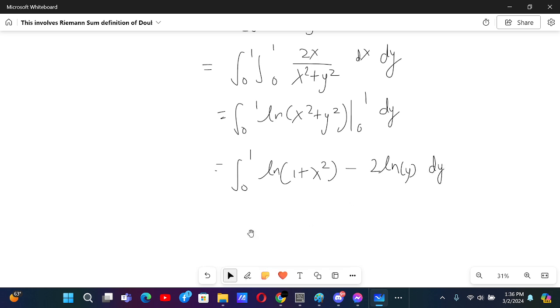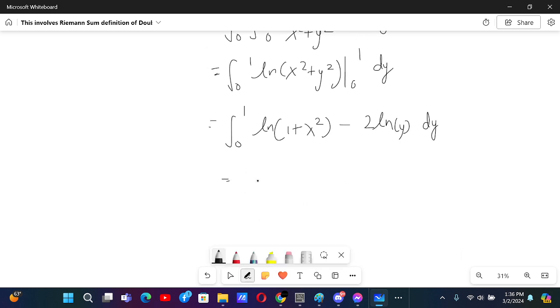Now we can integrate this on your own. Ln of 1 plus x square times x, minus integral of 1 by 1 plus x square times 2x times x dx. Okay, and this over here is minus 2 times... You know that the integral of ln y is y ln y minus y.